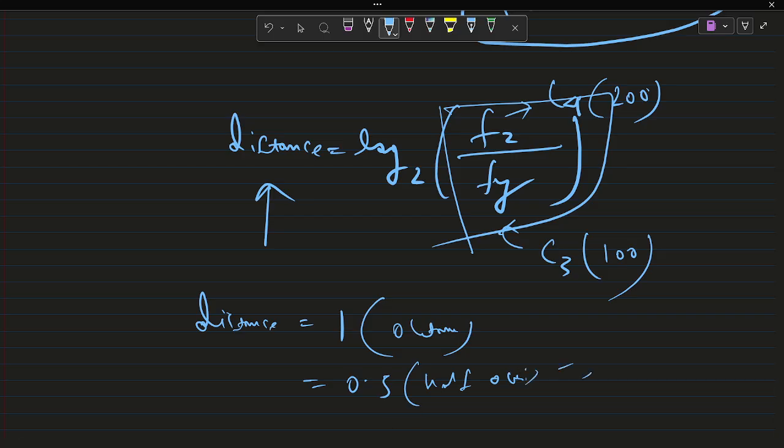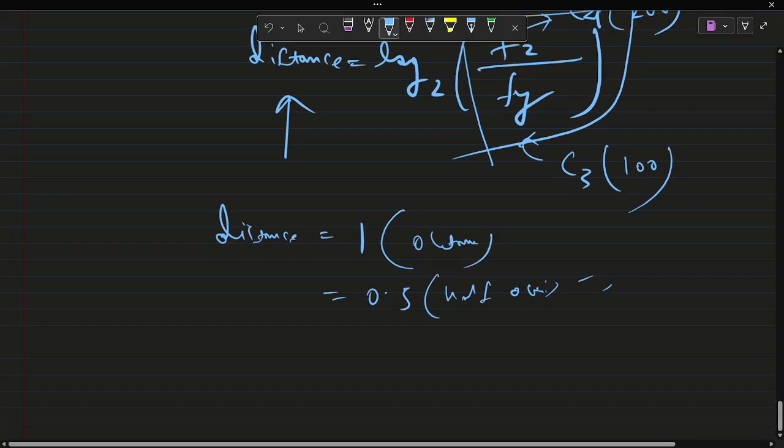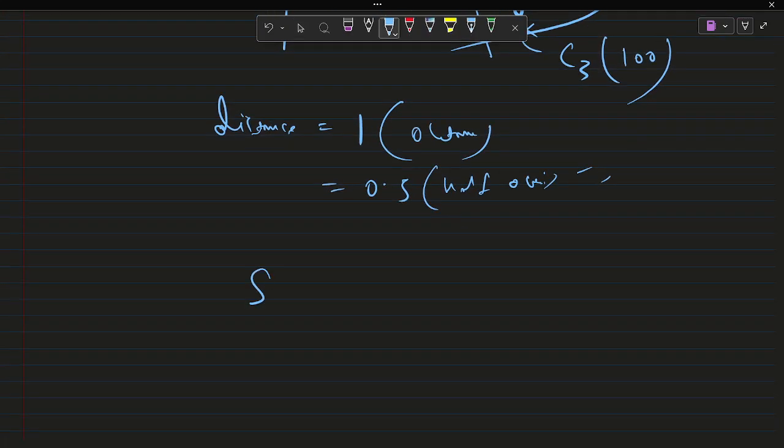Okay? But this distance is not so significant to understand the fine tuning, because we musicians want a unit to understand the fine tuning for an instrument or fine tuning for our voice. That's why we are introducing a scaling factor of 1200 cents.